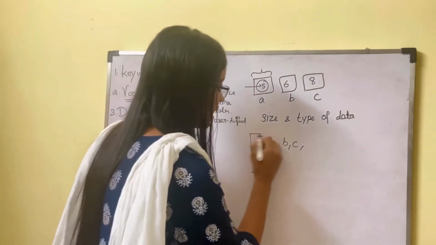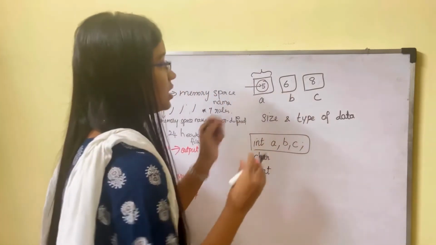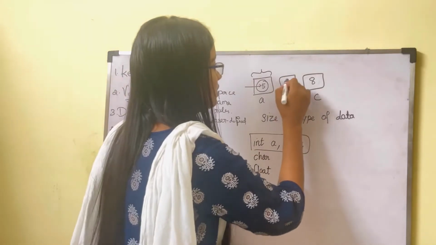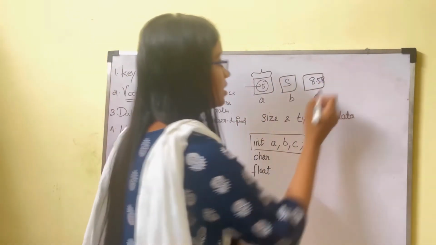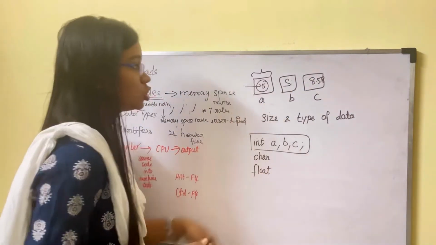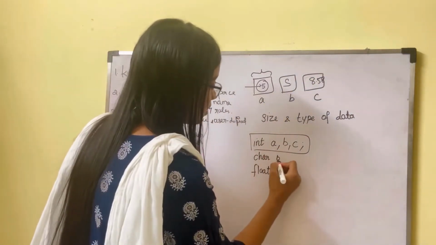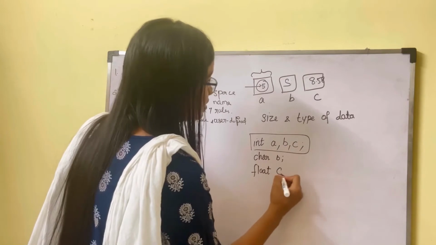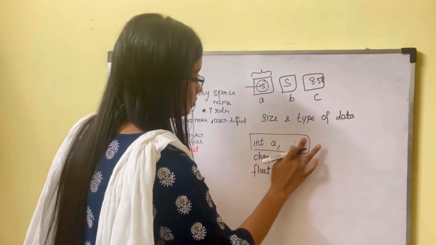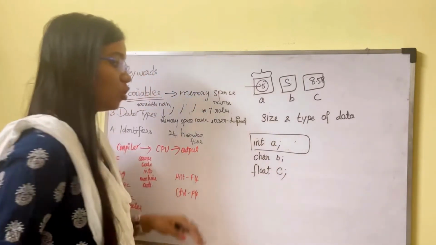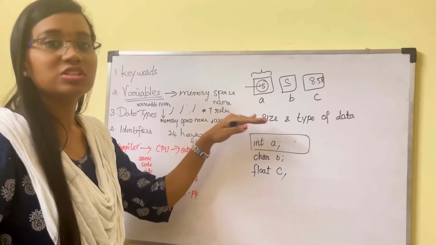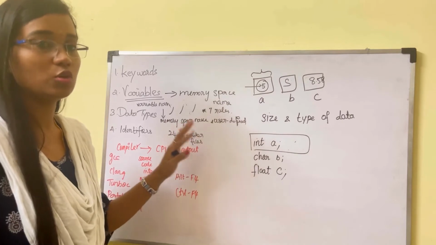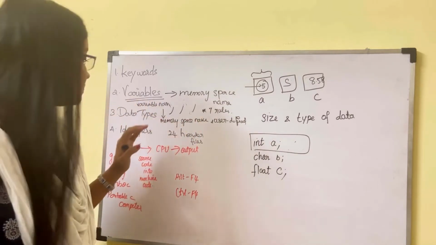If I declare it like this, I cannot store a character in B, or float values here. If I want to store like that, I can declare B and C separately. So what are data types? Data types are the type and size of memory space we are going to use for the variable names.